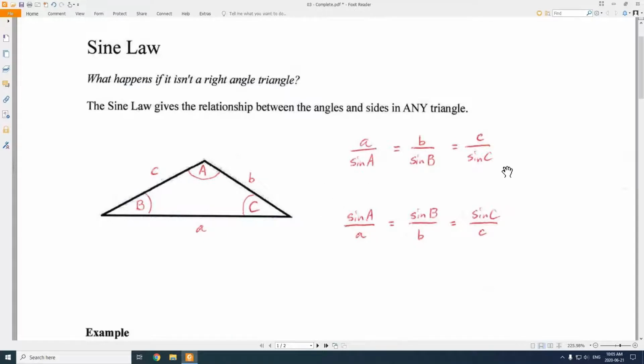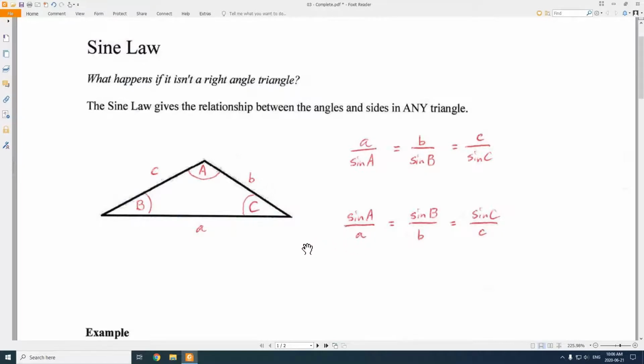Usually I use this one if I'm looking for a length. That way my length is already on top. And I'll use this one if I'm looking for an angle. That way my angle is already on top. It just makes it a bit easier to solve because then you don't need to worry about your unknown being in the denominator, in the bottom of the fraction.